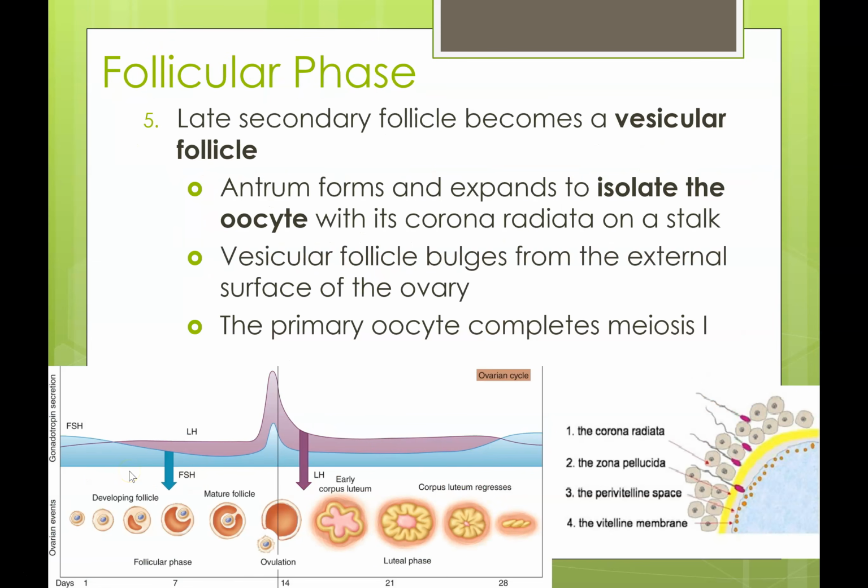Now, I don't have a great picture of this, but when we do have our late secondary follicle that becomes a vesicular or mature or Graafian follicle, when it creates that large antrum here, we will see that a little stalk will be created as well, and that is going to be called the corona radiata.